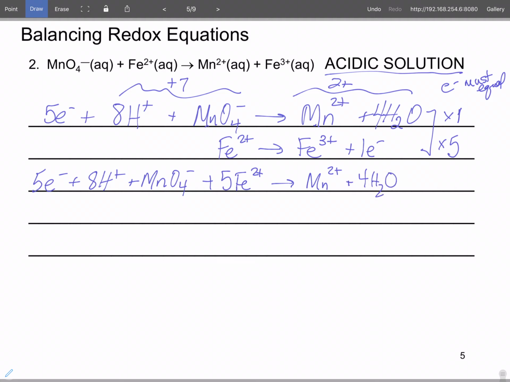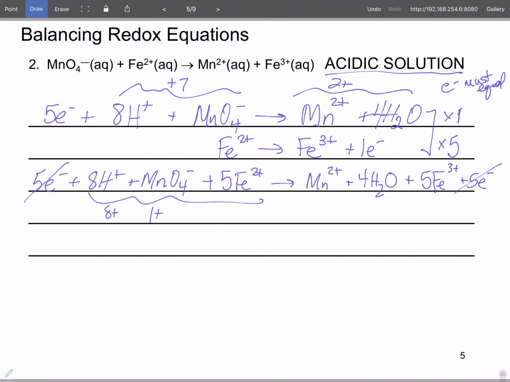And again, it doesn't matter which order you do these in. 5 iron 3+ plus the 5 electrons. So again, if you look at it, the 5 electrons are going to cancel. So let's check our numbers here. So we have 8 plus 1 minus. And let me just erase the pluses.